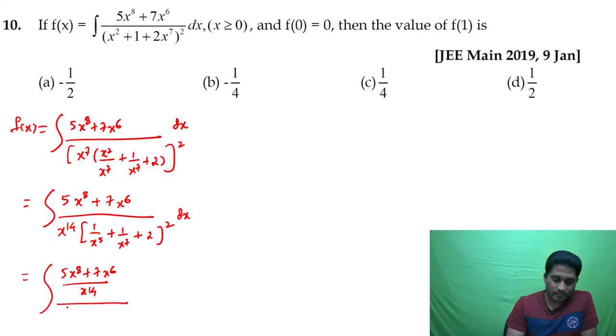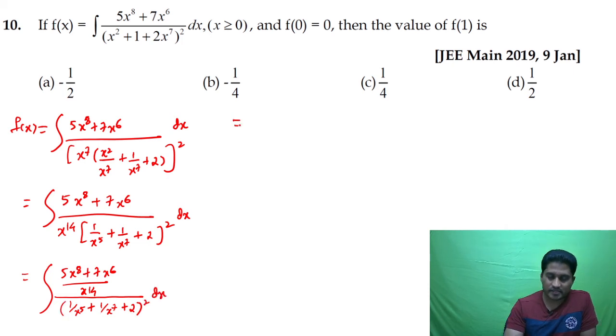And the denominator will keep as it is, 1 by x to the power of 5 plus 1 by x to the power of 7 plus 2, and then this is whole square dx.